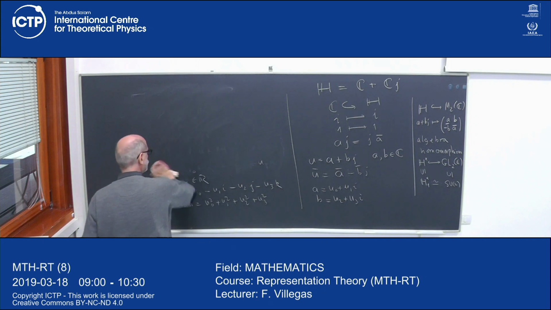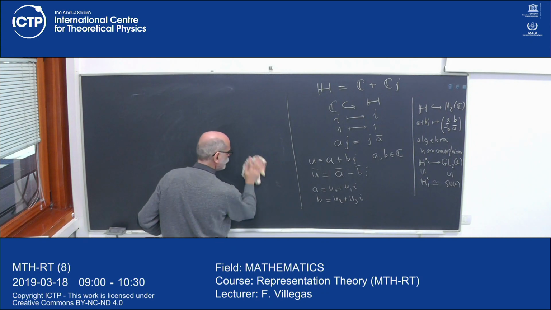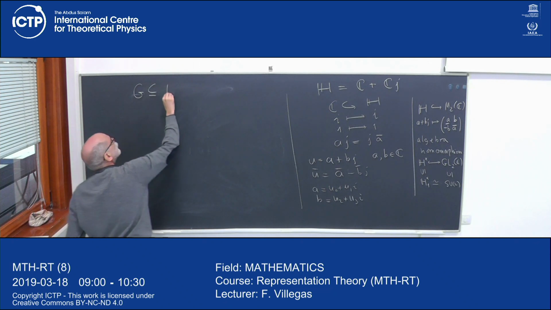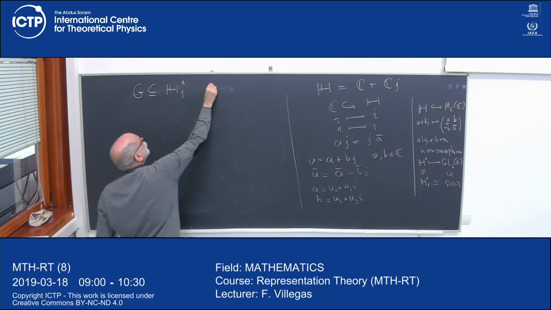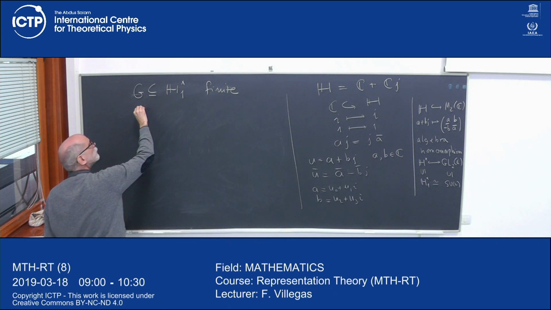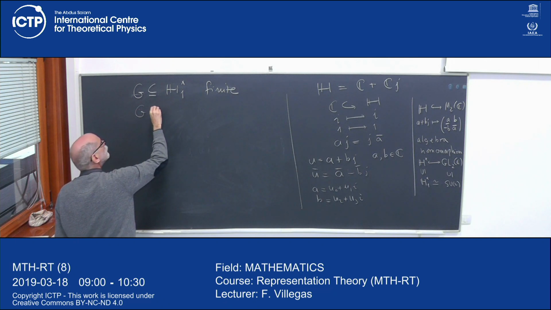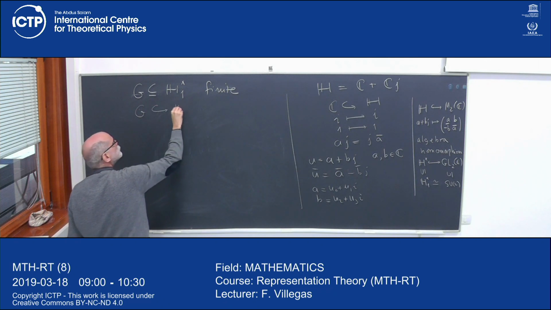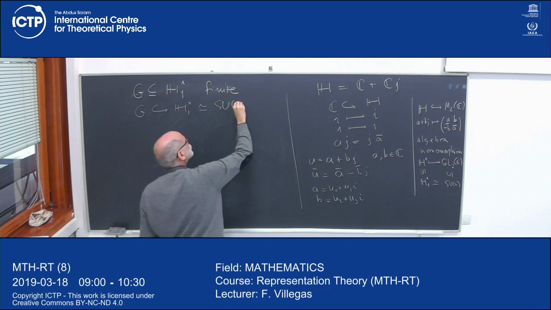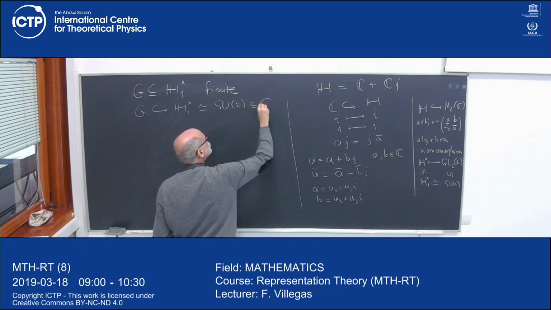And what we argued was that if you had a finite group G inside H1, then G is sitting inside H1, which is isomorphic to SU2, which sits inside GL2.